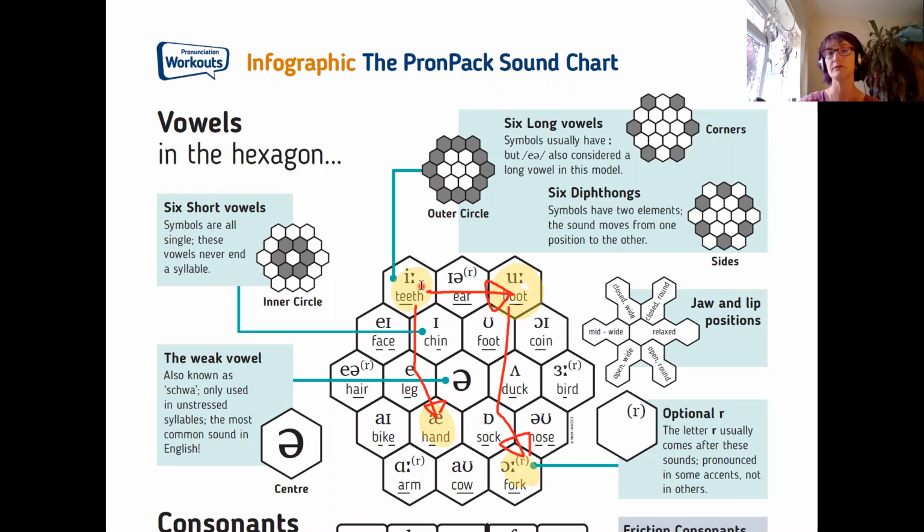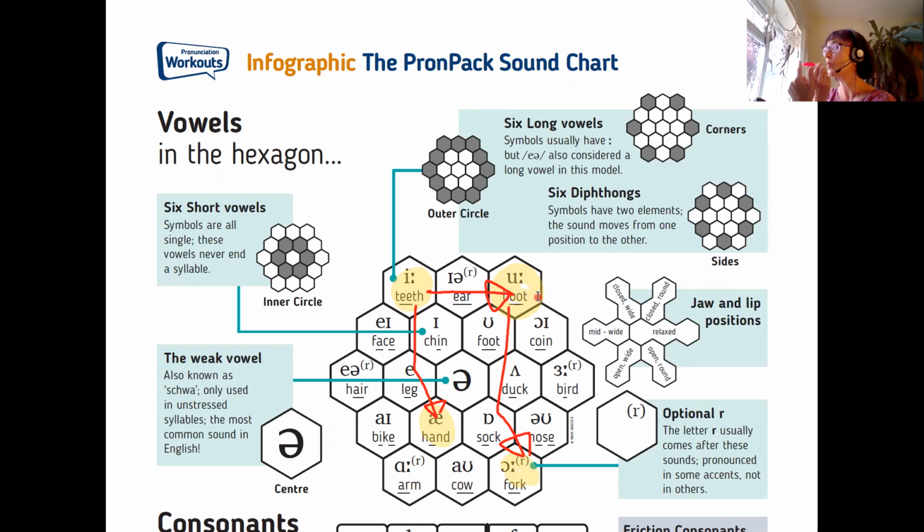So if we go from the E to the oo, now obviously E, oo, my mouth is moving from very wide to very kind of closed and round. But something is also happening with the tongue. Look at the tip of this pen. E, oo, e, oo.